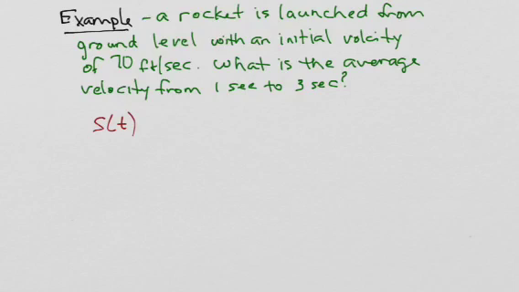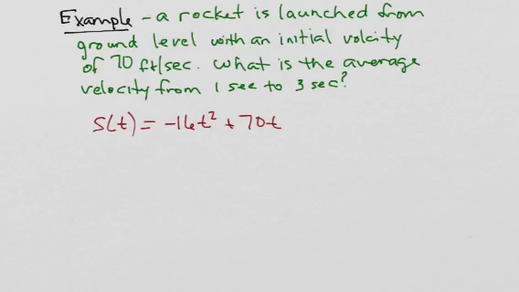We're using S because the formula uses S; could have used F. Now because we're on Earth, we're always going to get negative 16t squared anytime something's thrown up or launched into the air and then comes back down. Then the next number, the initial velocity, we had 70 feet per second. And then our initial height. Since this was launched from ground level, that would be a plus 0. And in math, we don't write plus zeros. So we're not going to leave that in there.